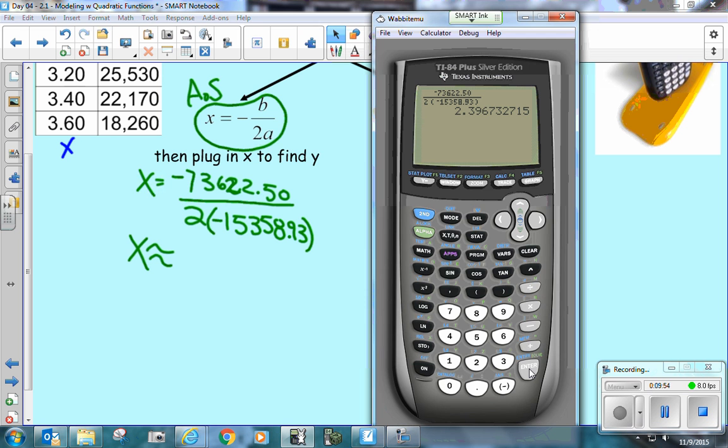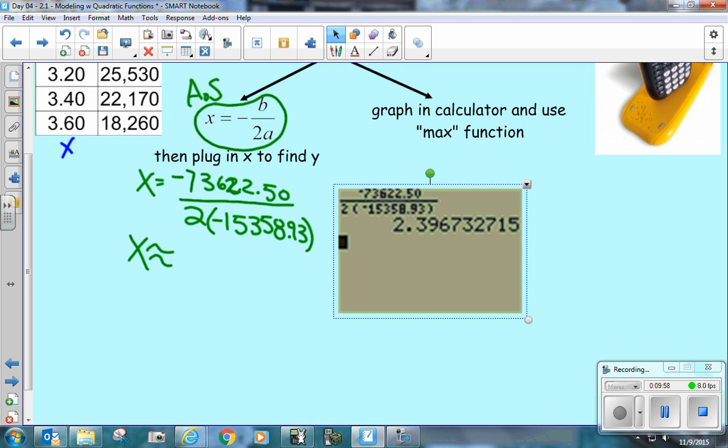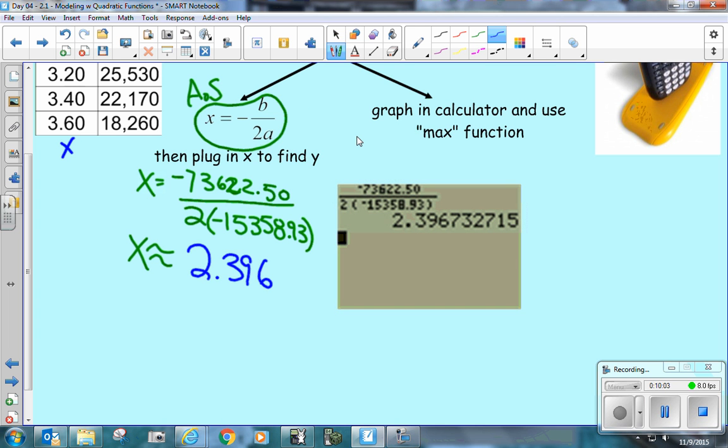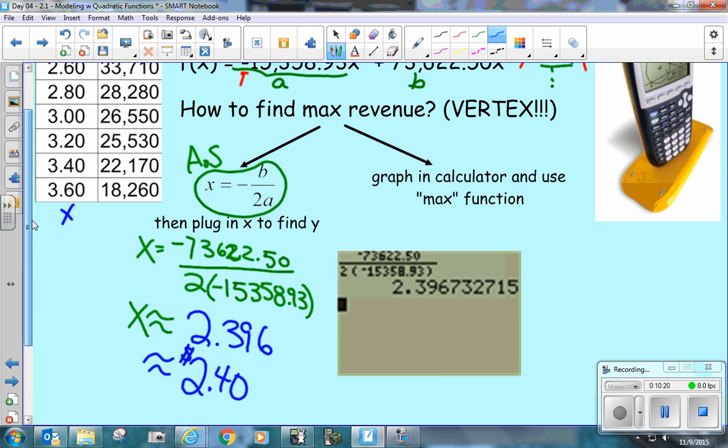You should get approximately 2.396. And if we're talking price per box, dollars and cents, I should tell them how many decimal places. 2. So that is approximately 2.40. Selling the box at that cost will maximize your profit. That's the cost per box to maximize your profit.